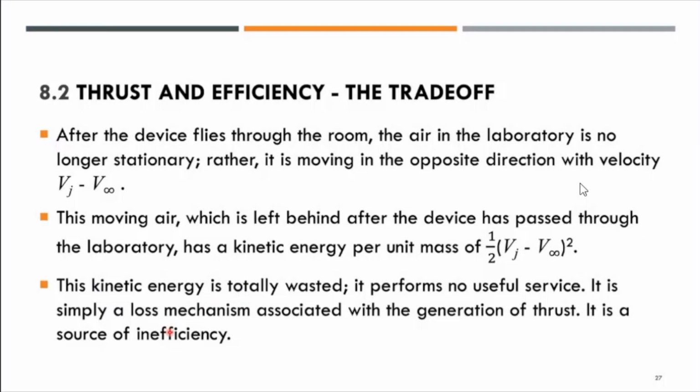It is simply a loss mechanism associated with the generation of thrust. Like a moving aircraft, you are standing still, and you experience the air moving when the vehicle passes through you. That is the wasted kinetic energy, and so this is a source of inefficiency.